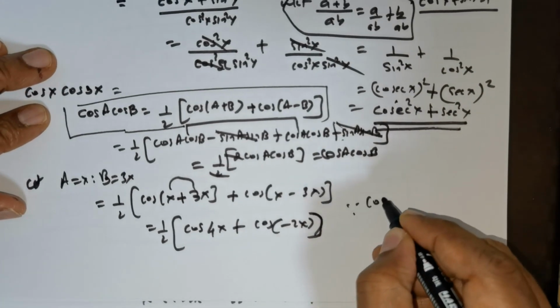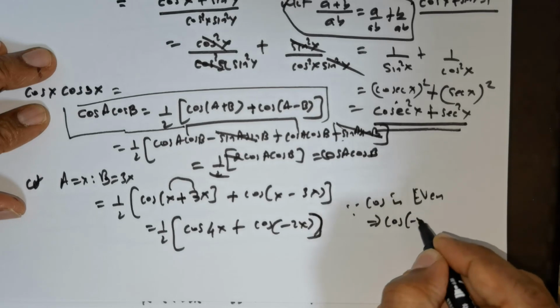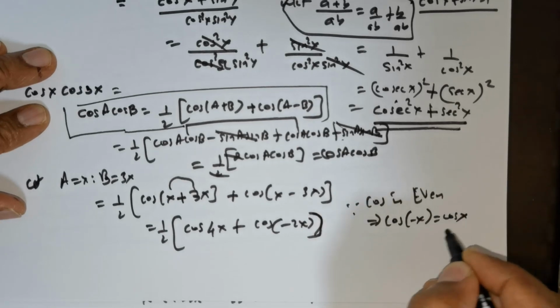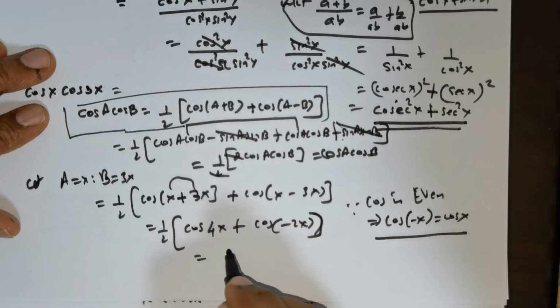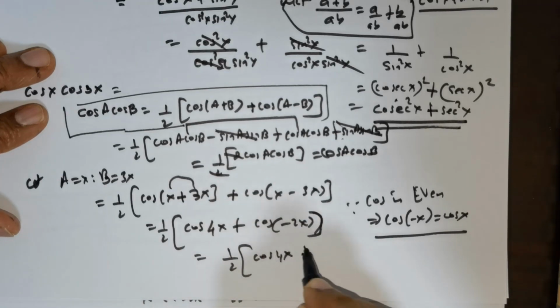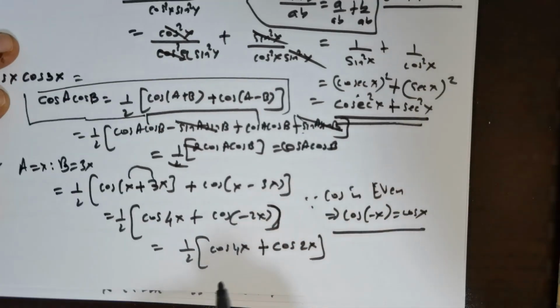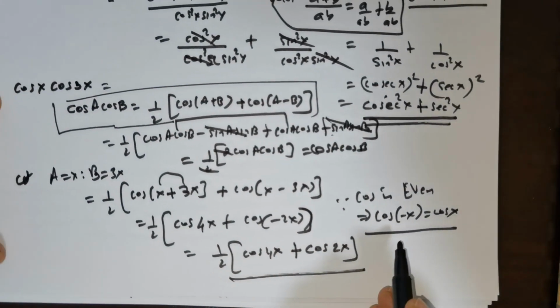But since cos is even, cos of -x is the same as cos x, so that would give us 1 over 2 times cos 4x + cos 2x.